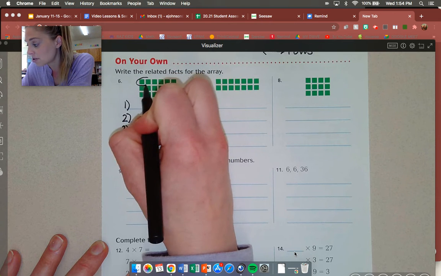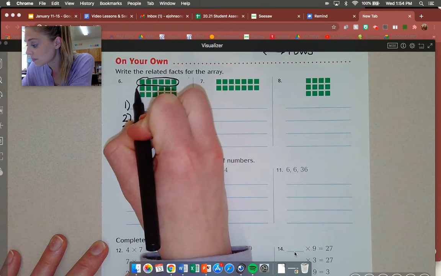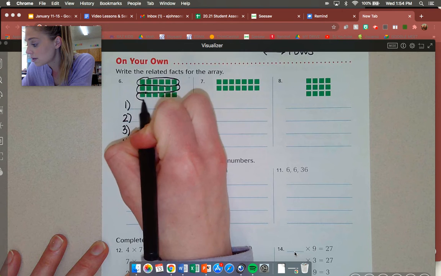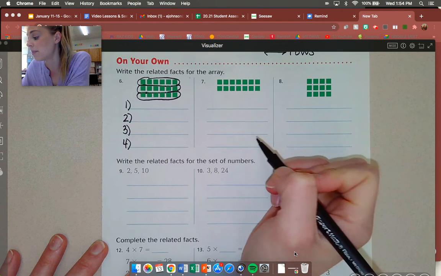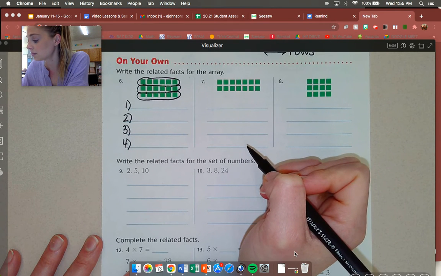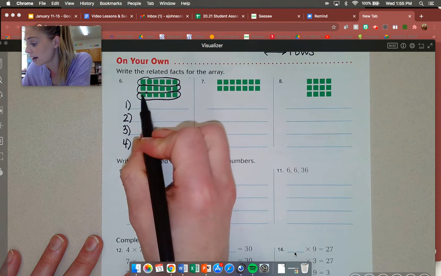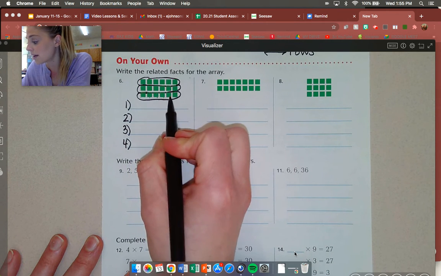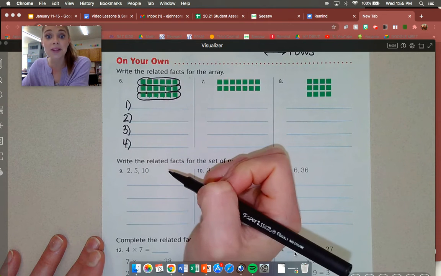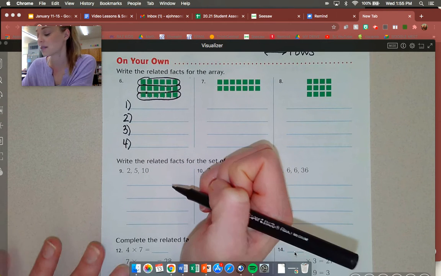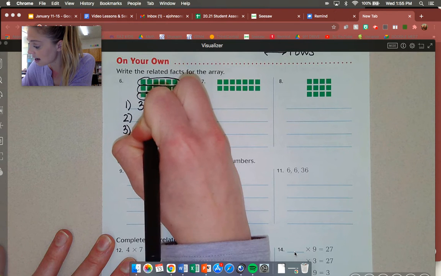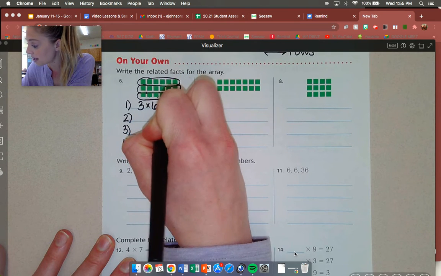But I have 1, 2, 3 rows of how many? 3 rows of 6, right? 1, 2, 3, 4, 5, 6. That would be 3 times 6. Okay, so 3 times 6 equals what?